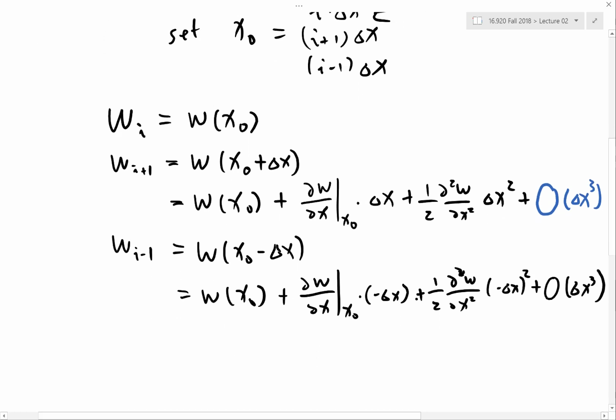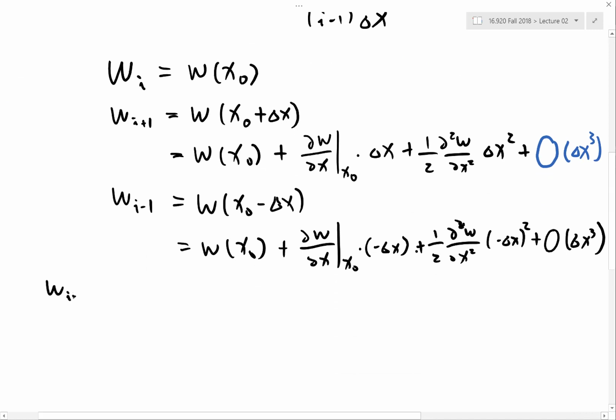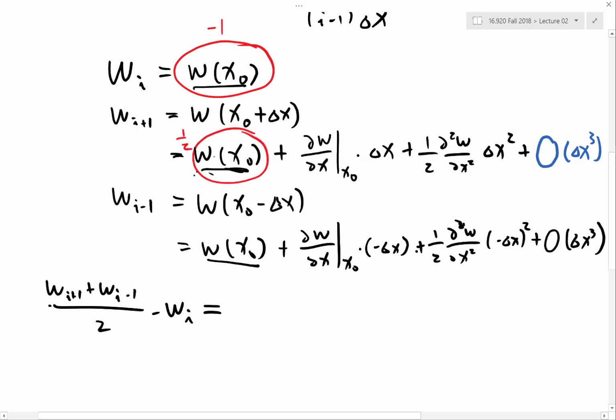With that, we can work out our right hand side, minus wi. Let's first add the zeroth order term: half of this plus half of this minus this. We have minus 1 onto this, half onto this, and half onto this. What's the result? 0, yes.